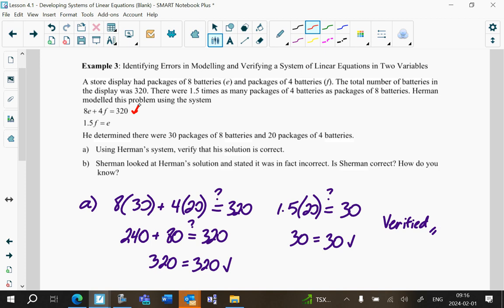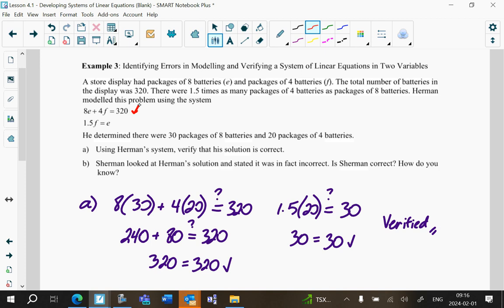Just look at this equation. More 4s? Aren't there more 8s, because don't we have to multiply the 4s to get up to the 8s? So there's more 8s, right? Okay. But yet here he said that there were more 4s. So he's got this wrong.